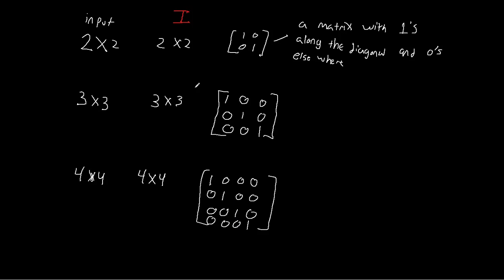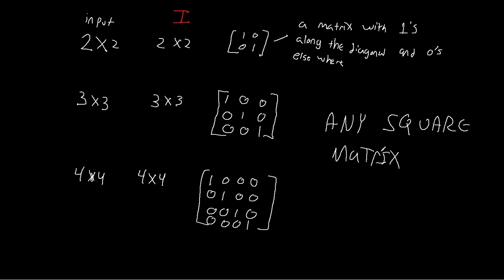So conceptually, with the 2x2, we proved this to be the case. I am now telling you that we can extrapolate this out to any square matrix. Any square matrix will have the same setup.